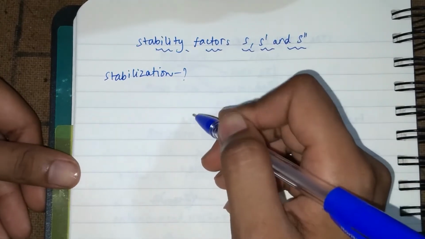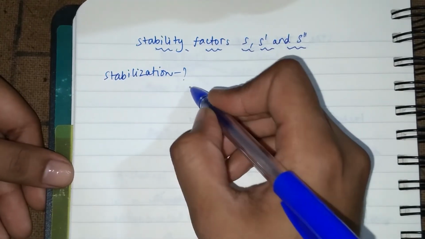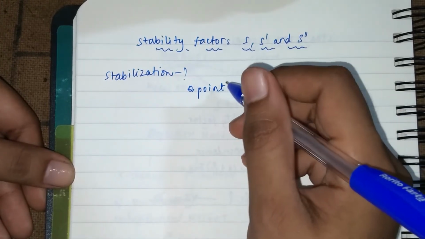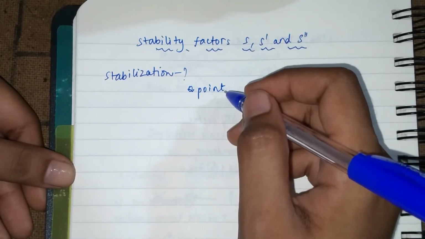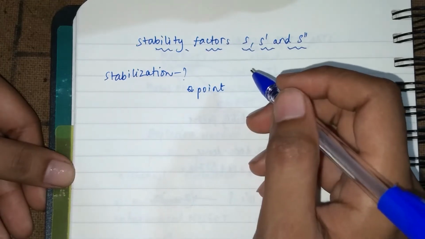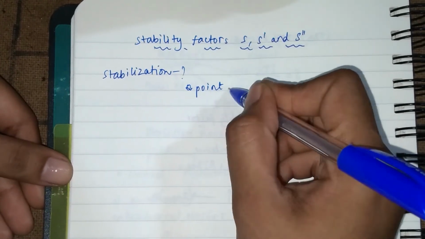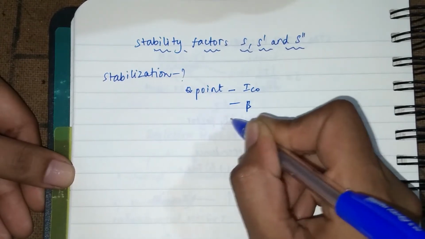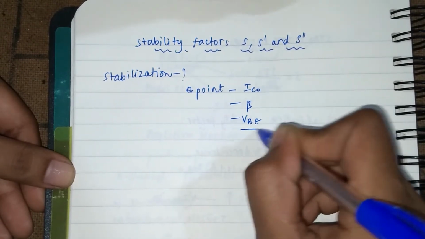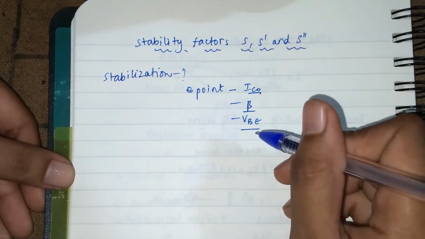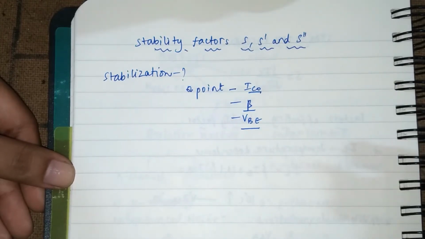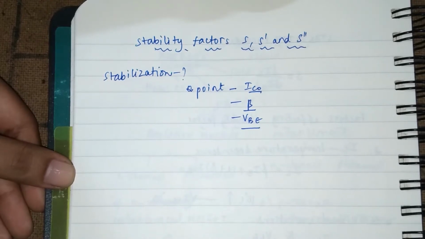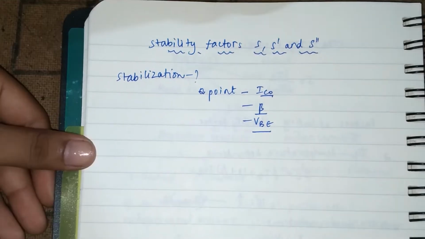Simply said, we know that the operating point, Q point or the quiescent point, of a transistor acting as an amplifier changes mainly due to changes in ICO, beta and VBE. You will get to know this if you have watched my previous video on the stability factor and the factors that cause the instability of a biasing circuit.